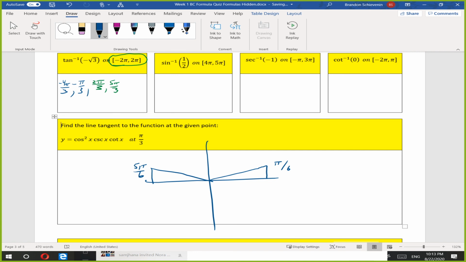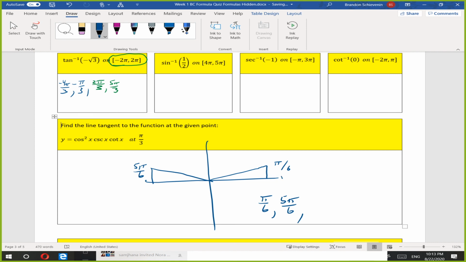So what I'm going to do is take those two angles, pi 6 and 5 pi 6, and we'll get coterminal angles to those that are bigger than 2 pi, and we'll keep going until we're between 4 pi and 5 pi. So Callie, over to you. I want angles that are coterminal to pi 6 and 5 pi 6.